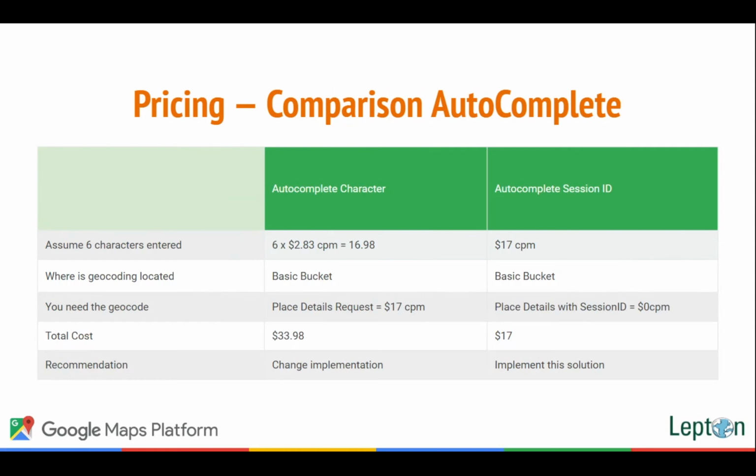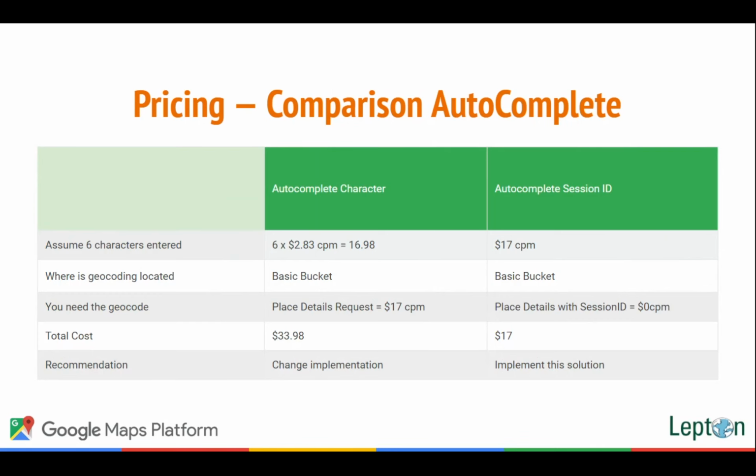And now let's again go back to autocomplete with character mechanism, and I need basic data to be available for me. Therein I will be charged at the rate of $17 again. So total costing with autocomplete with character mechanism is coming out to be $33.98.